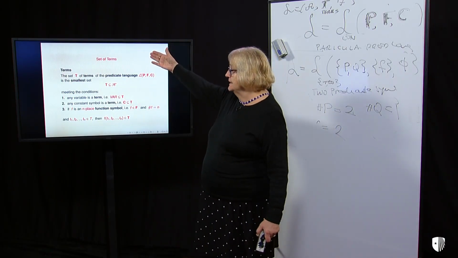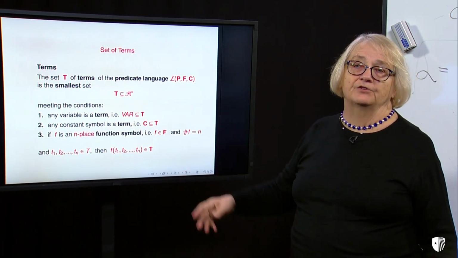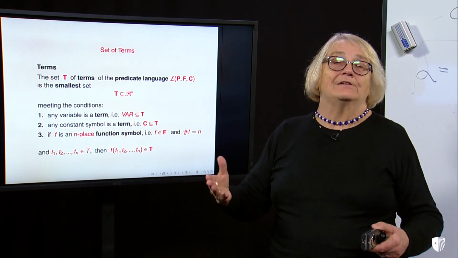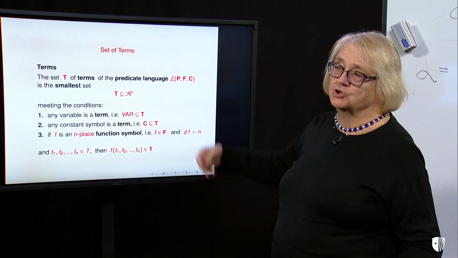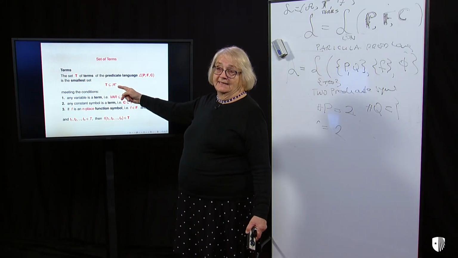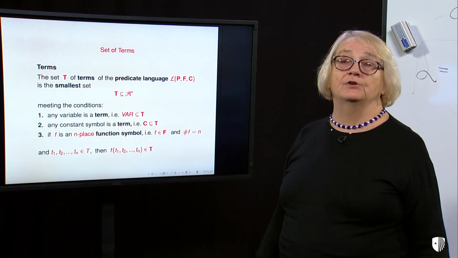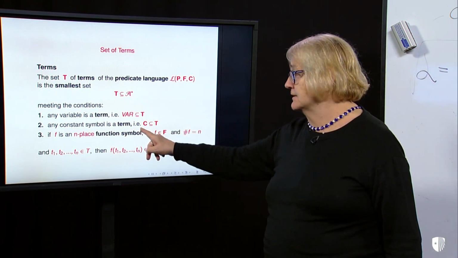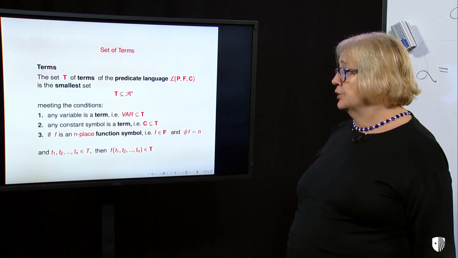So the set of terms of the predicate language. I don't write the connectives because when they are fixed, you just don't need to write them. Of course, each language has propositional connectives. So terms are the smallest set of finite sequences of the alphabet such that: variables are terms, those x1, x2, etc. Any constant symbol is a term, so all constants are included in terms.